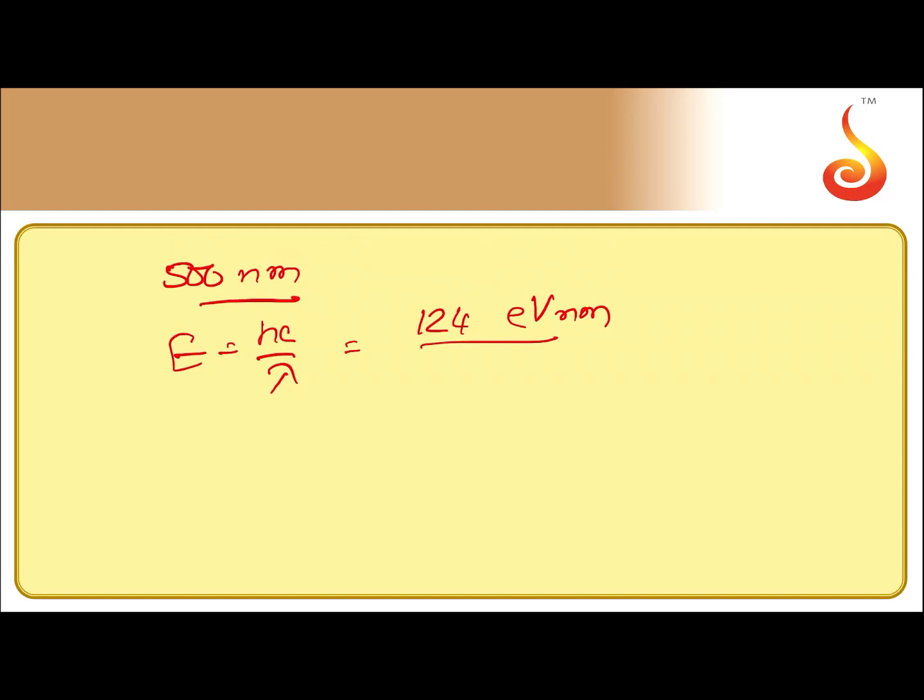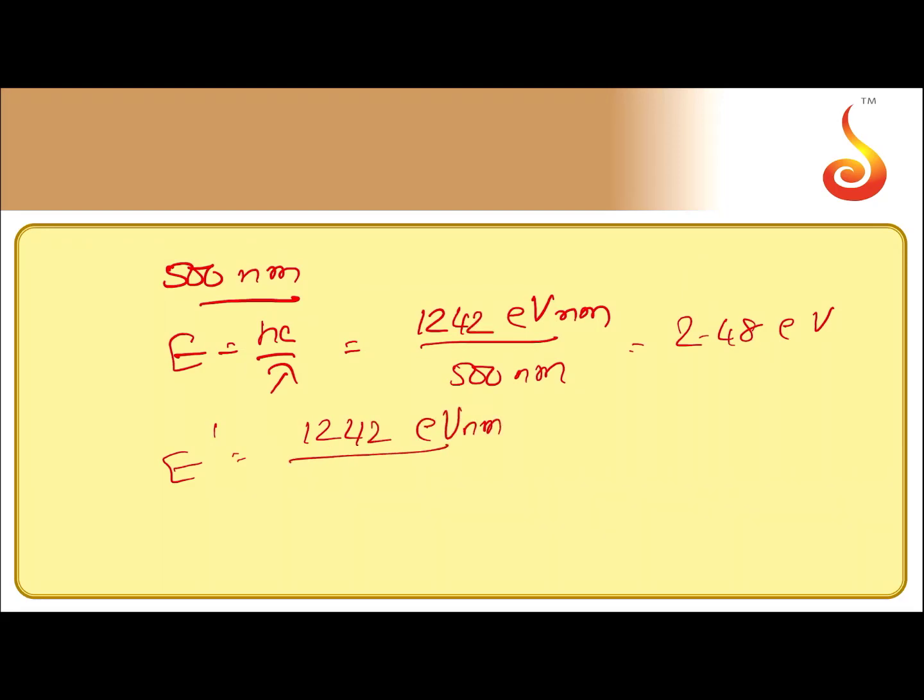Okay, the energy of a photon of wavelength 500 nanometer is E is equal to hc by lambda, that is 1242 electron volts nanometer divided by 500 nanometer, and this is 2.48 electron volts. And the energy of a photon of wavelength 700 nanometer is 1242 electron volt nanometer divided by 700 nanometer.